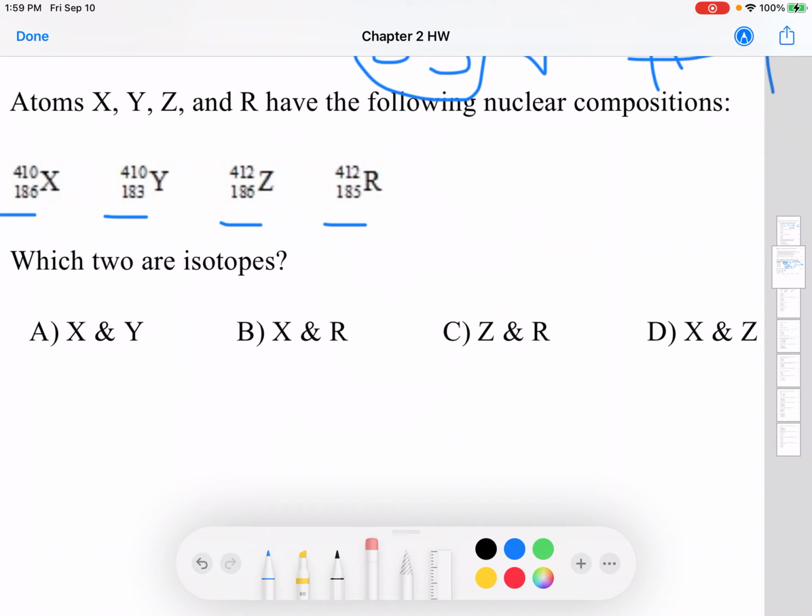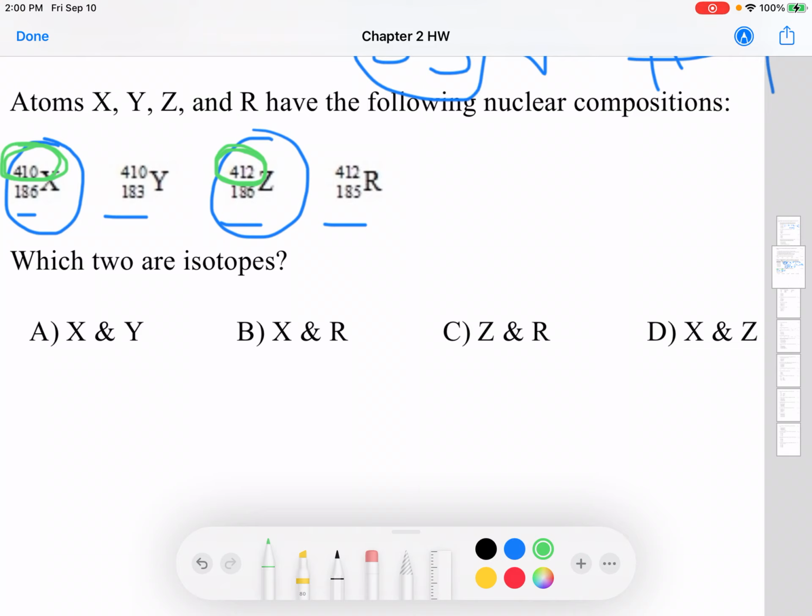So the first one is 186, 183, 186, 185. So which two do you think are going to be the isotopes? So 186 over here has the same number of protons as this one, 186. Right, the bottom number is the number of protons, and they both have differing numbers of neutrons, because the number of neutrons would be the mass number, the green circle, minus the number of protons.